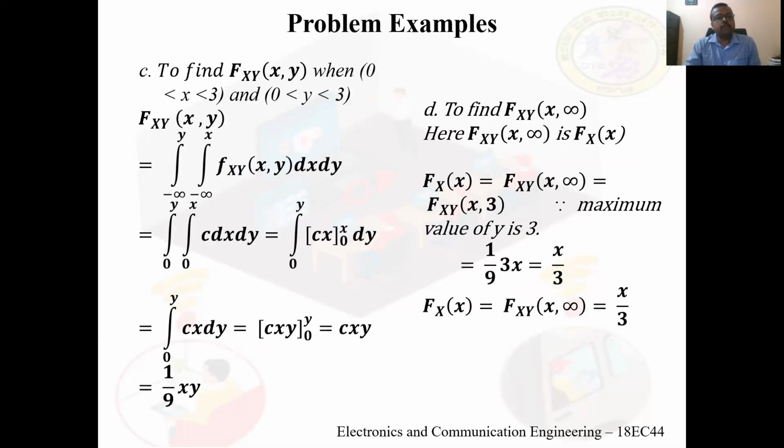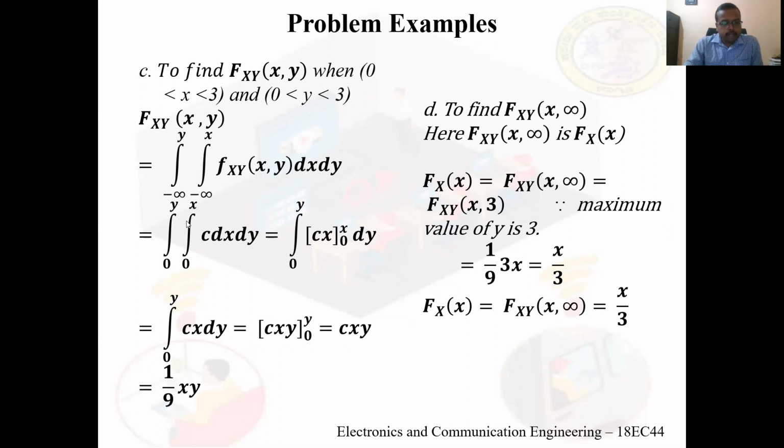Now, once we do that, next what do you find? You need to find the value for fxy between the range 0 to 3. Now, how do you find it between 0 to 3? Now, minus infinity to y, minus infinity to x. In the previous example, how did we find it for x lying between 0 to 1 and y lying between 0 to 1? The integration will be from 0 to y for y lying between 0 to 3 here.